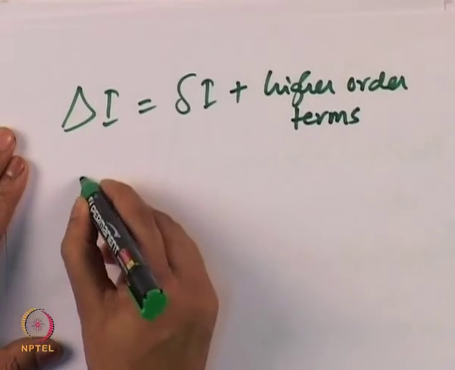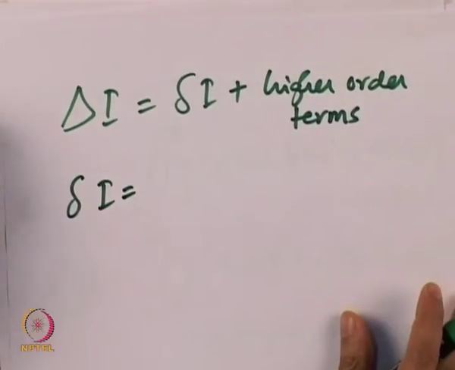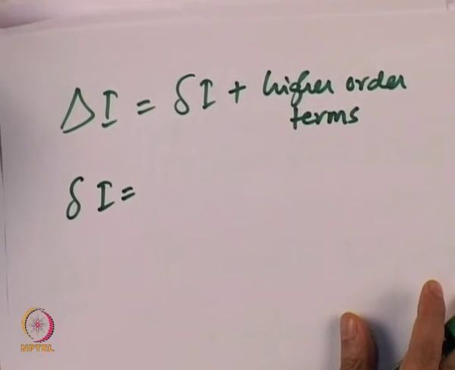So here the value delta I is equal to the value that we have derived in the initial case.